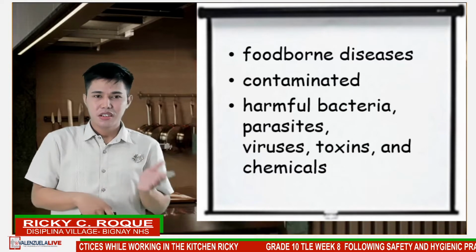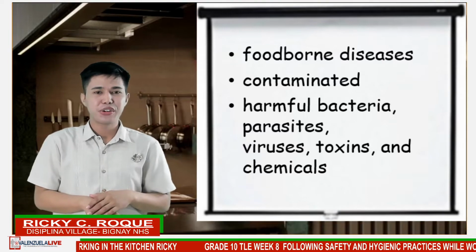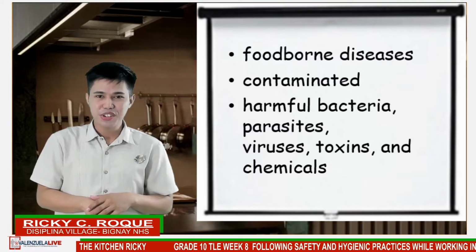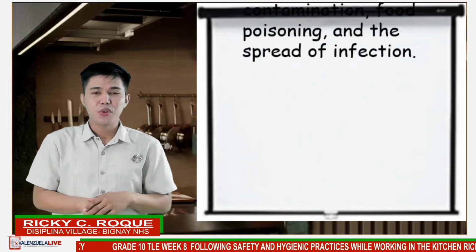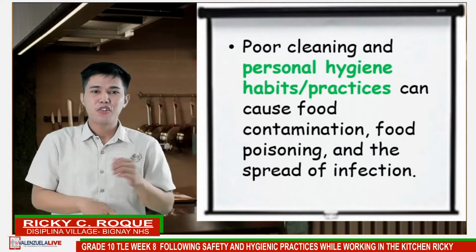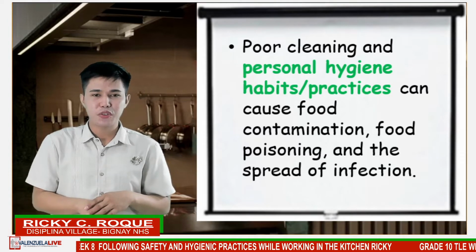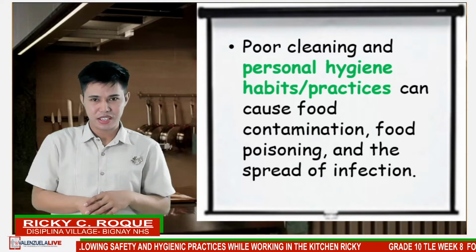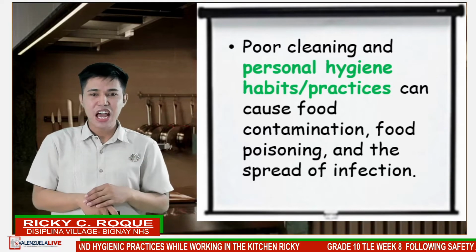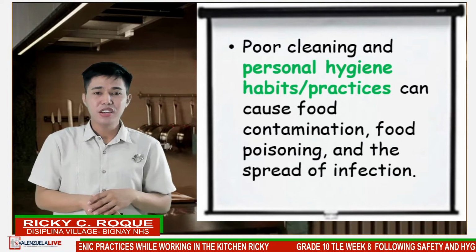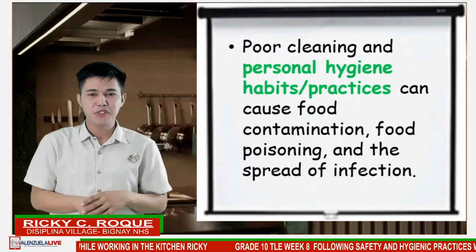Food can become contaminated at any point during production, distribution, and preparation. Everyone along the production chain, from producer to consumer, has a role to play to ensure the food we eat does not cause diseases. Poor cleaning and personal hygiene practices can cause food contamination, food poisoning, and the spread of infection.